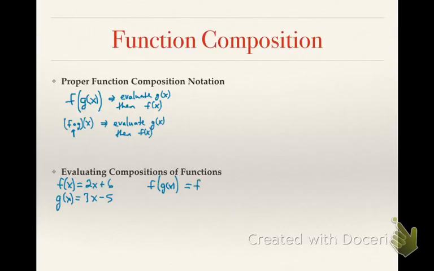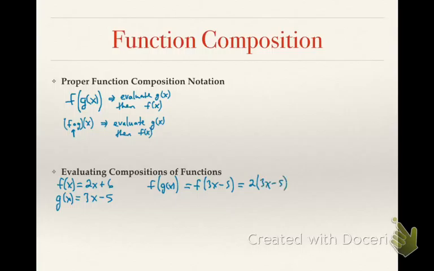So what I'm going to do is plug in 3x minus 5 into f, because 3x minus 5 is the g of x. So then it looks like something like this. And again, remember when you're evaluating, keep the parentheses there, because in this case especially, you're going to be dealing with distributing terms.